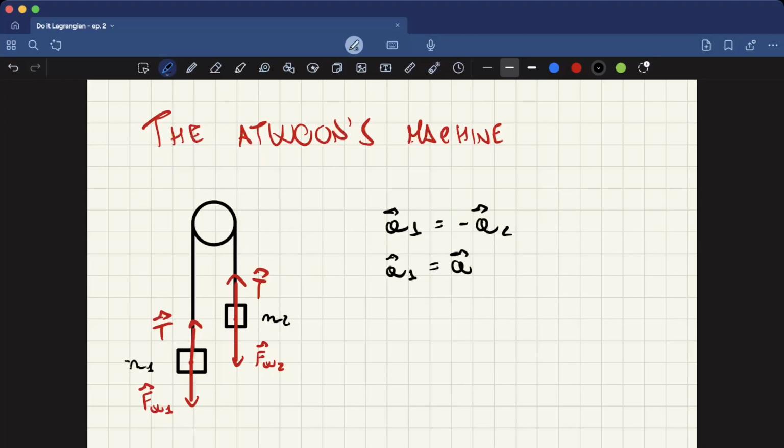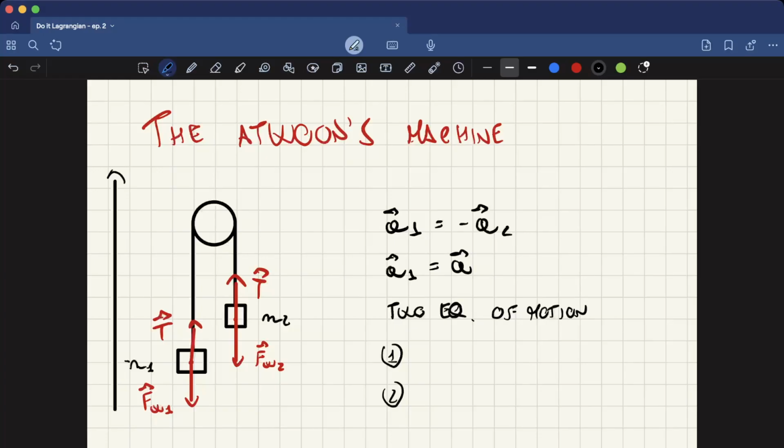So we have two equations of motion, because we have two bodies, and those two equations will be only along the y-axis. Okay, so only along the y direction, because this is a monodirectional problem.